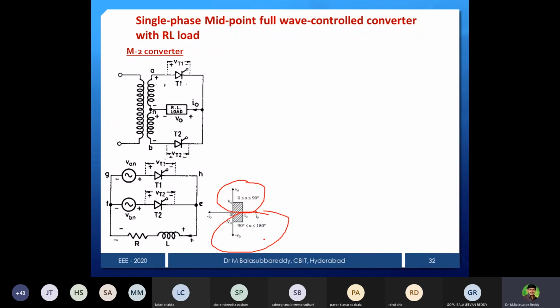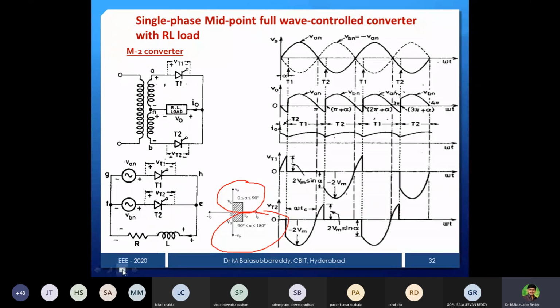Because the thyristor is a unidirectional device, remember. Conduction is always from anode to cathode, it never conducts from cathode to anode. That's why current is always positive. Only if you want negative current, the device direction must be changed, but conduction is always anode to cathode. Now, this is the waveform.